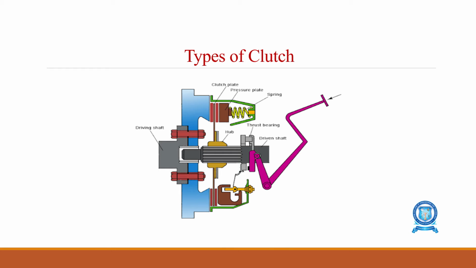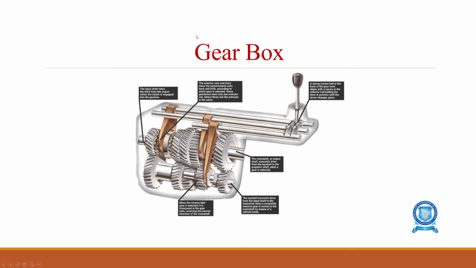The different types of clutch and the different types of operation performed by them will be explained in the upcoming videos. And then the gearbox. In the gearbox also we have different types. Manual and automatic is a common type. We have sliding mesh gearbox, constant mesh gearbox, synchro mesh gearbox.